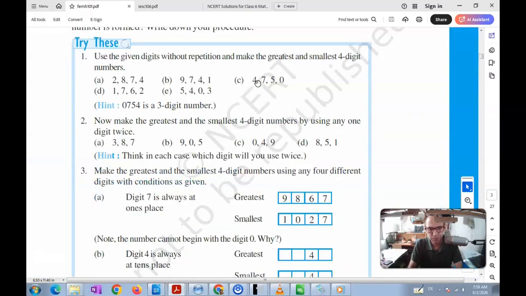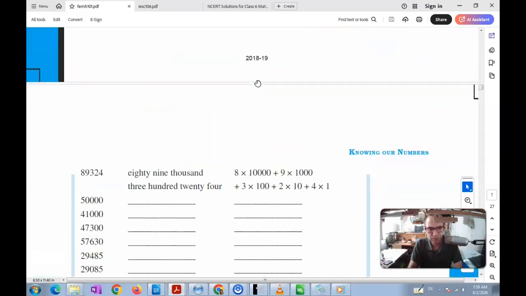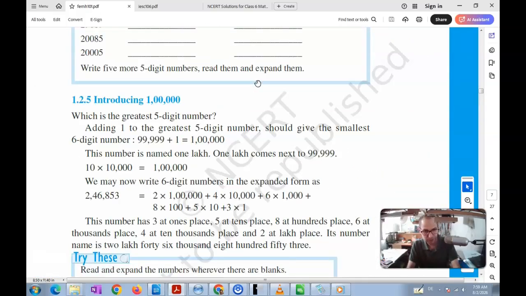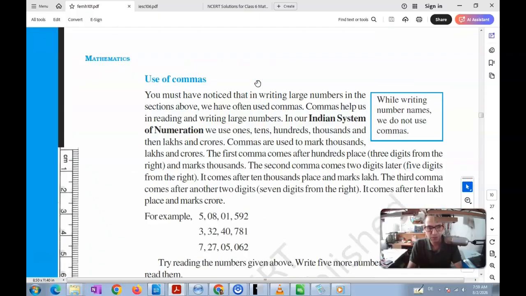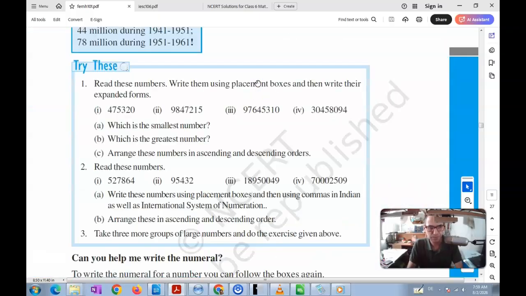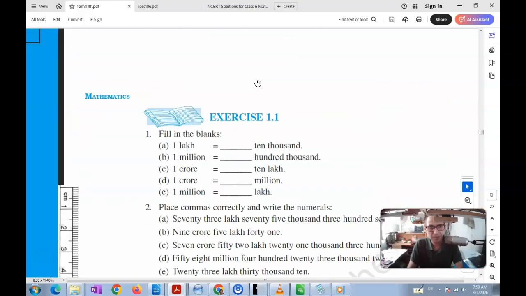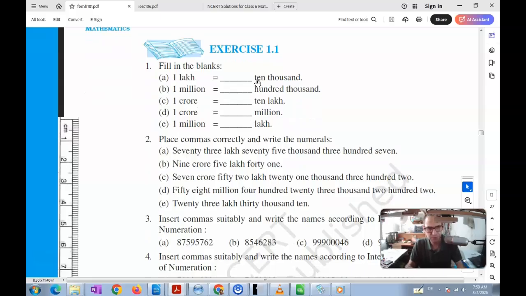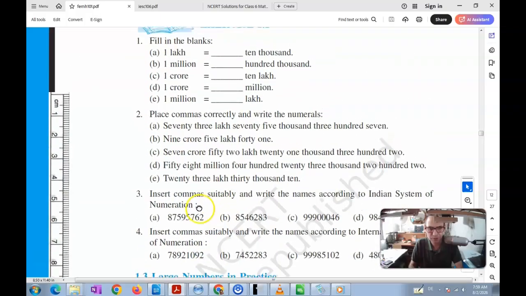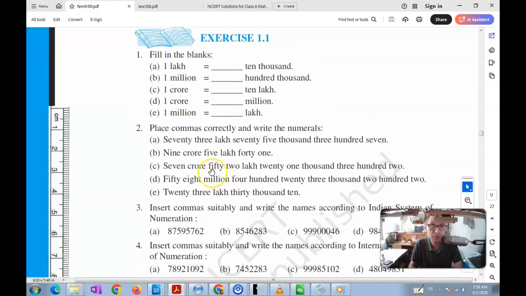Now when you get to these exercises, let me show you what these exercises are and what you can do with them. So exercise 1.1, you see I have these questions over here, question 1, 2, 3, and 4, and that's it. Of course, usually you have 10, 12 exercises in each exercise set.